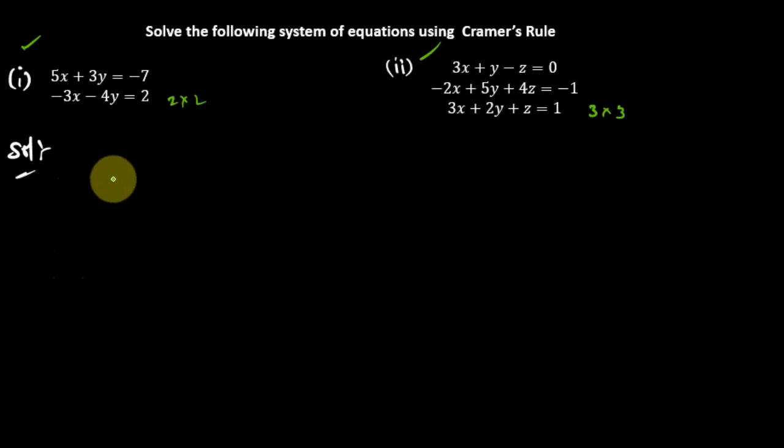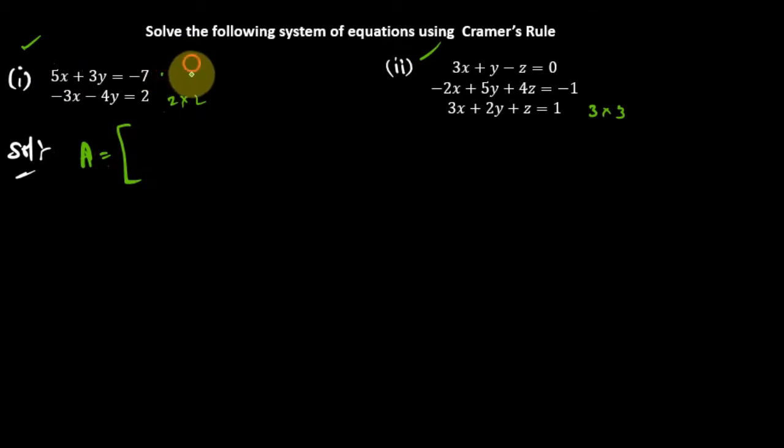First of all, we need to convert this linear equation form into matrix form. The matrix form will be like this. First, the A matrix, which is nothing but the coefficients of the variables.